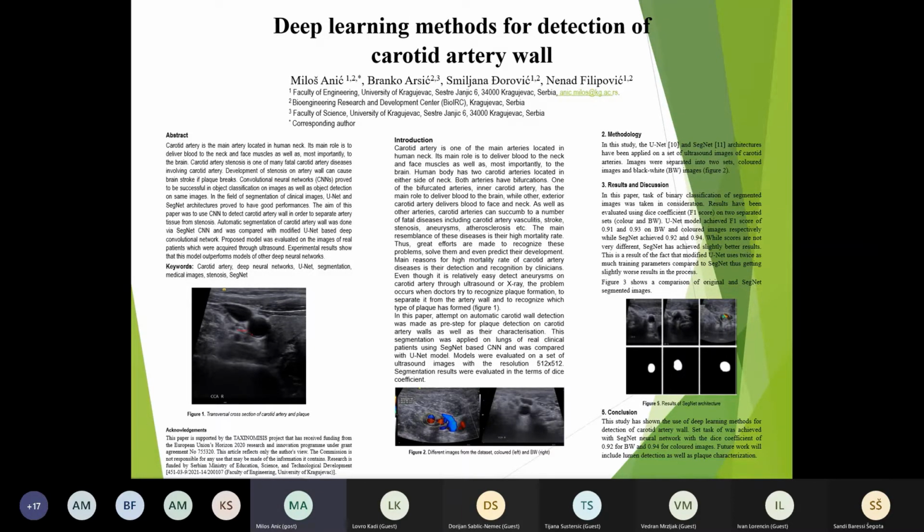So here, like I already said, UNet-based and SegNet-based neural networks were used, and models were evaluated on a set of ultrasound images with a resolution of 512 times 512, in terms of dice coefficient. The networks were trained using the combination of binary cross-entropy and dice coefficient.